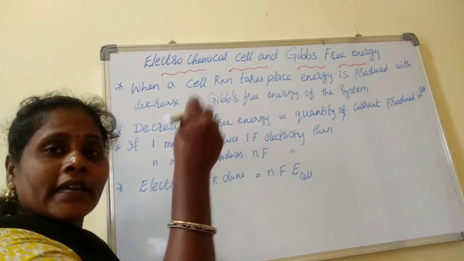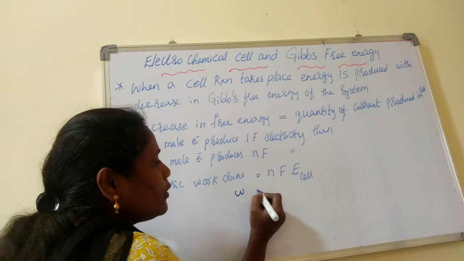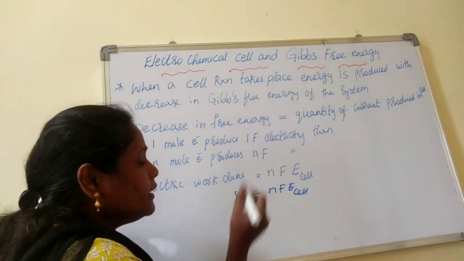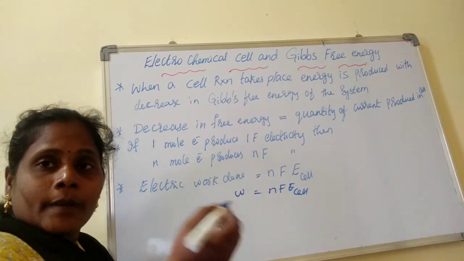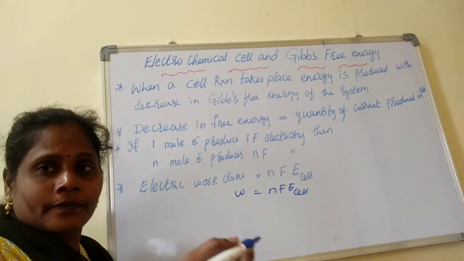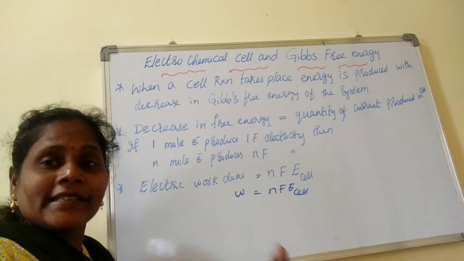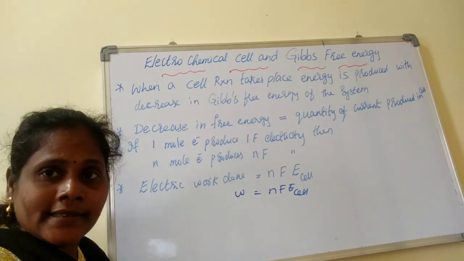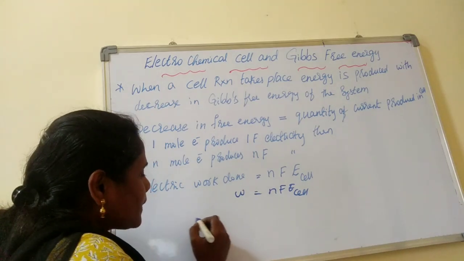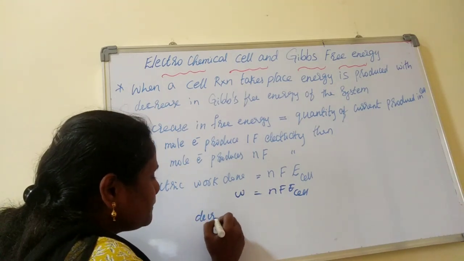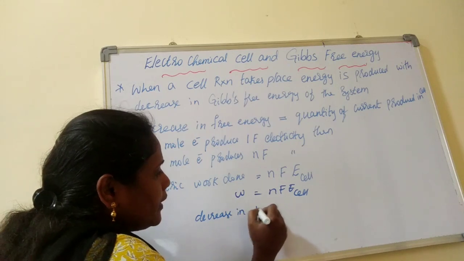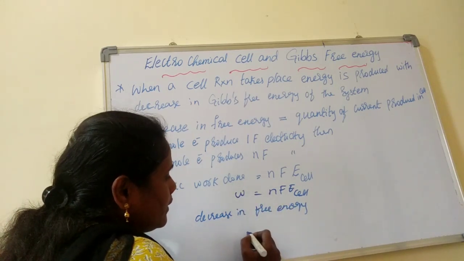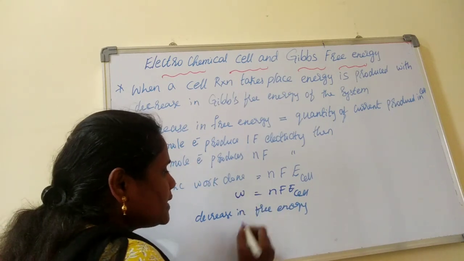That is how much work is done in that electrochemical cell. That W can be represented as nFE cell. But work done is equal to my decrease in Gibbs free energy, because that much amount of work done means that much amount of energy is decreased. Gibbs free energy has decreased in that system. Therefore, decrease in free energy is equal to work done of that system.